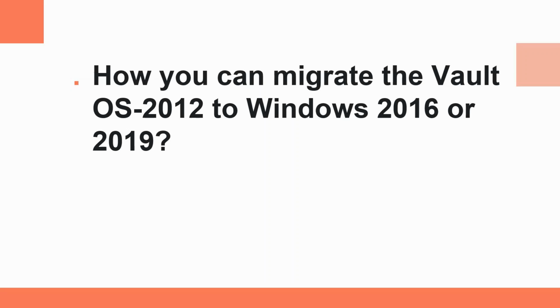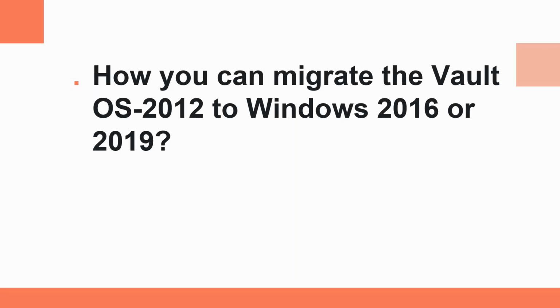You need to build a new Windows 16 server and install the Vault using the same set of keys which you used to install your 2012 earlier. The same set of keys, your operator CD, everything should be the same, otherwise you will not be able to decrypt that data. So the same set of keys are required on your Windows 2016.